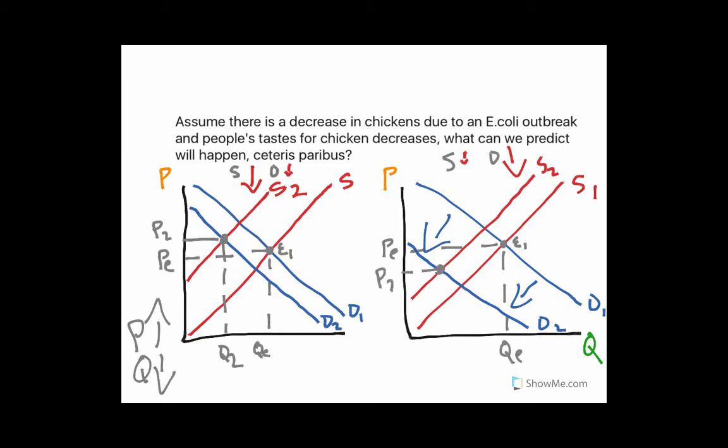And that's going to be P2, and the quantity is going to be Q2. So from this one on the right-hand side, we've determined that the price is going down and the quantity is also going down. So what we can conclude from both of these graphs is that quantity is going down. But we do not know what happens to price because it depends on which one shifts more. So P is a question mark because we don't know.